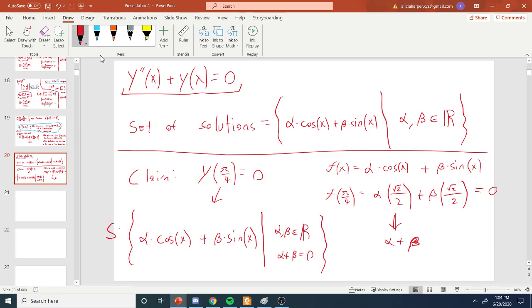And so this gives us a set S. S lives inside our set of solutions, and it turns out to be a subspace. Morally, this right here is a two-dimensional vector space, and S right here is a one-dimensional subspace. So we can see how in problems arising from the theory of ODEs, imposing initial conditions actually just corresponds to sometimes the selection of subspaces.